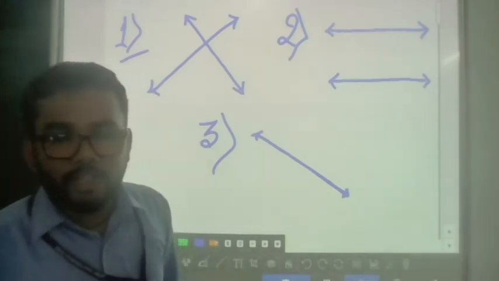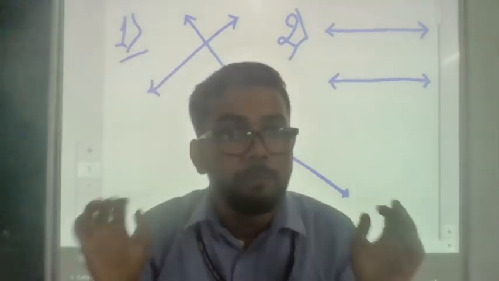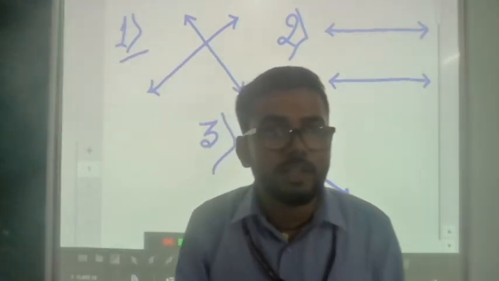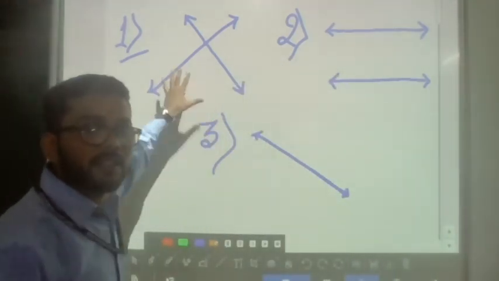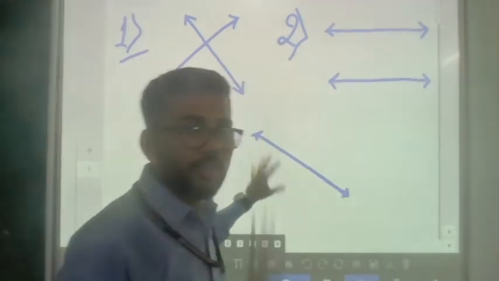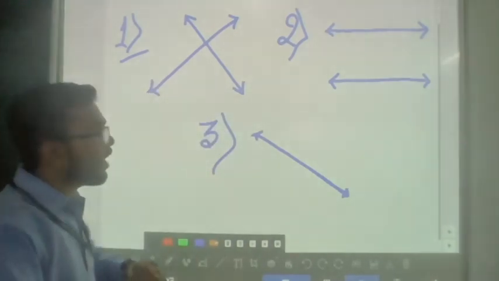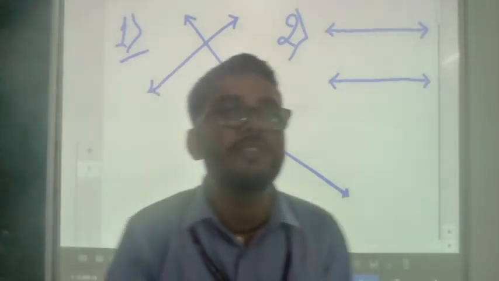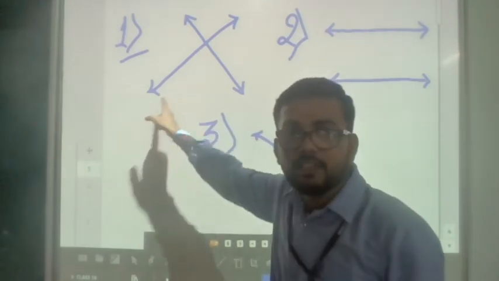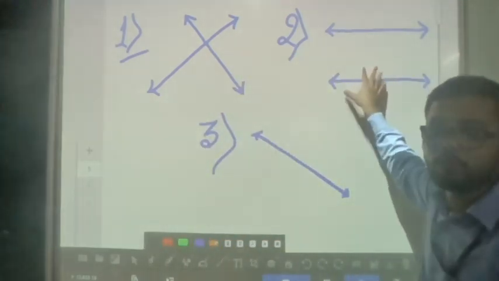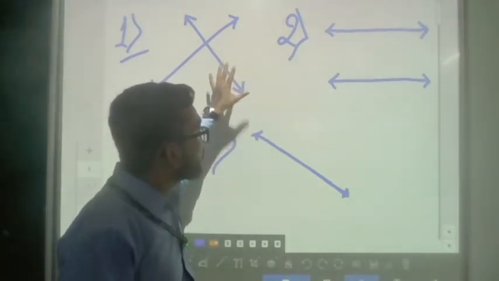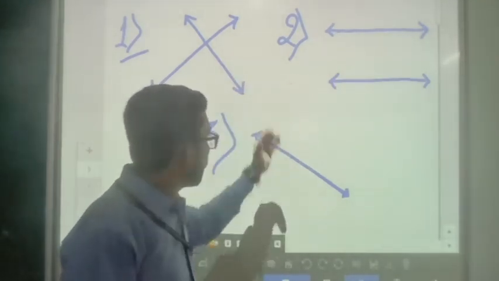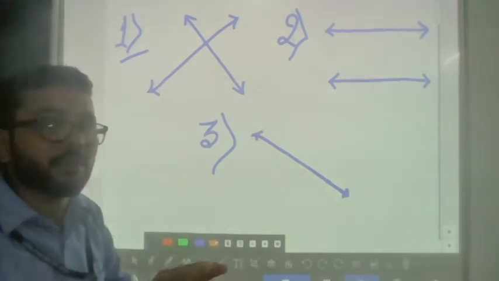So when you draw a graph of a pair of linear equations, you will see these three possibilities. Either the graphs of both equations intersect each other, are parallel to each other, or are coincident, meaning they overlap.